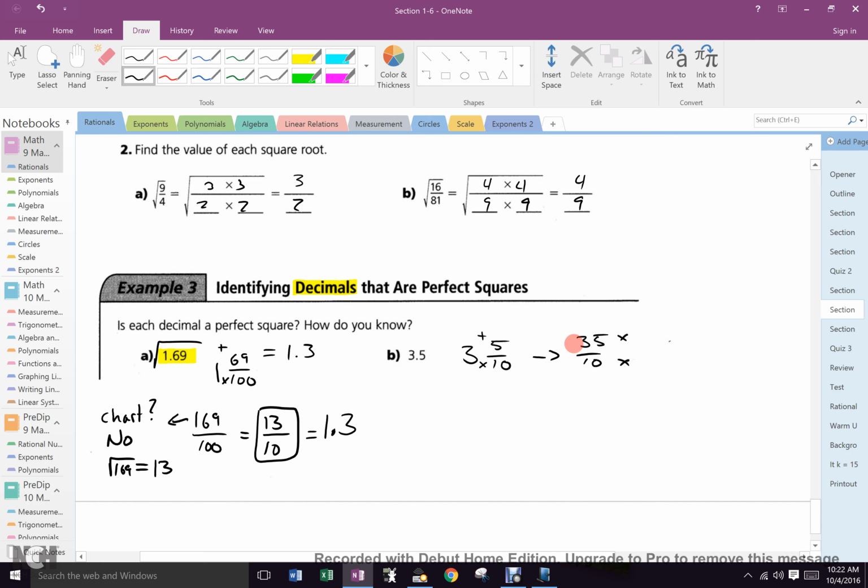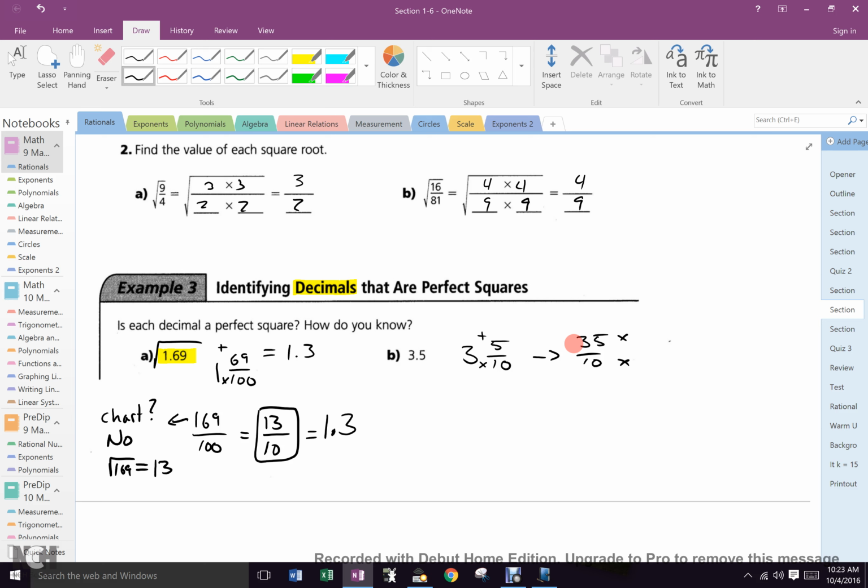Now I want you guys to look at something. Remember, I've told you, if it happens once in math, it always happens, yes? Right? How many decimal places? 1. So that means this is always going to be a fraction over 10, isn't it? Does 10 have a square root?